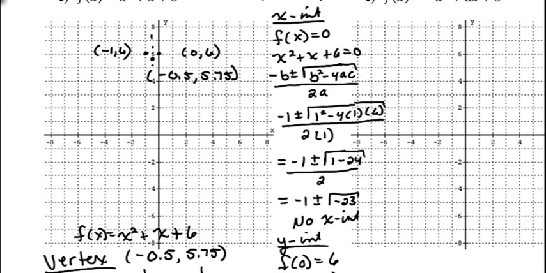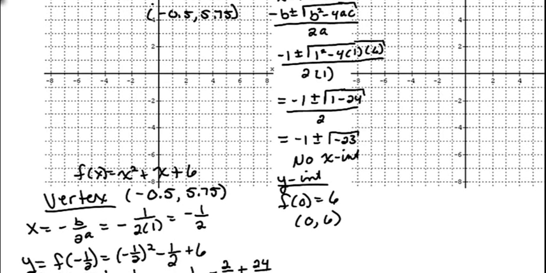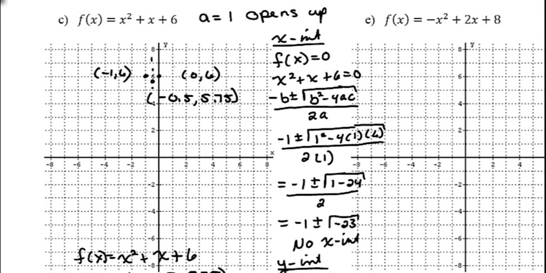And then we need 2 other points on this graph, and so I'm going to plug 1 into our function. So I'm going to plot 1 point, and so I'm going to find f of 1. That would be 1 squared plus 1 plus 6, which gives me 1 plus 1 plus 6, or 8. So I have the point 1, 8 on the graph. And again, you can use the symmetry of this to get another point.